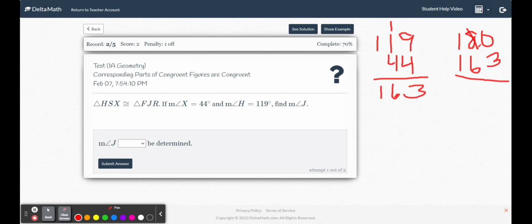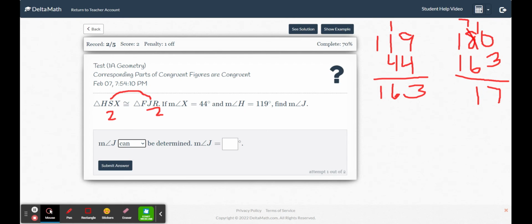So now I line my math up, bring my 7. So 10 minus 3 is 7. 7 minus 6 is 1. So the angle measurement for S is 17. Well, S corresponds with J because S is a 2, J is a 2. So that means angle J can be determined, and the measure of angle J is 17 degrees.